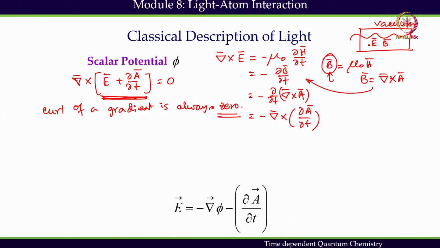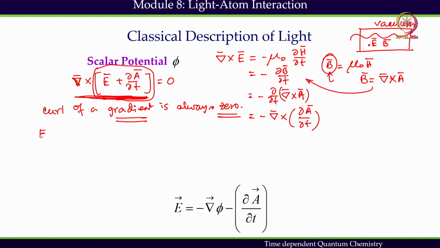Another vector identity, property of vector identity. Because we know that cross product with the del operator is actually a curl, and the curl is 0, it means that this must be a gradient of a scalar quantity.